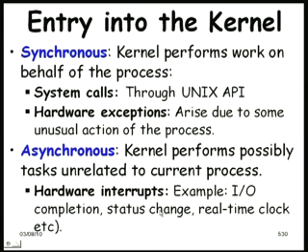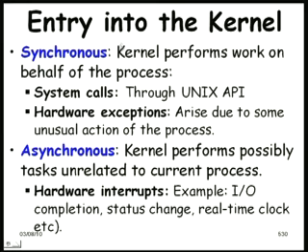The entry to the kernel can either be synchronous or asynchronous. In a synchronous entry, the kernel performs work on behalf of the process. For example, making a system call is a synchronous one, or some hardware exceptions, let us say a divide by 0 error exception, which needs to be handled.